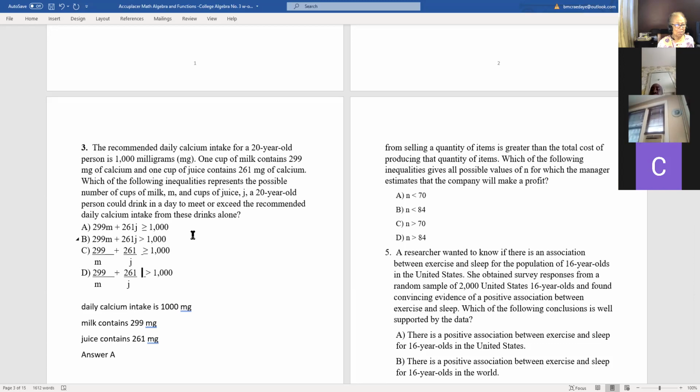And they're saying that 1 cup of milk is 299 milligrams of calcium, and the cup of juice is 261. So in all, they want to find out if the person meets the criteria or exceeds the daily calcium intake from the drinks alone.